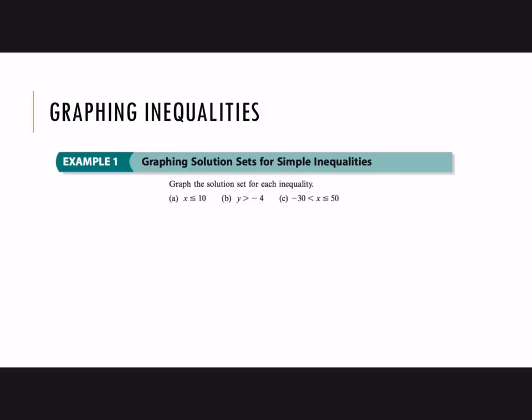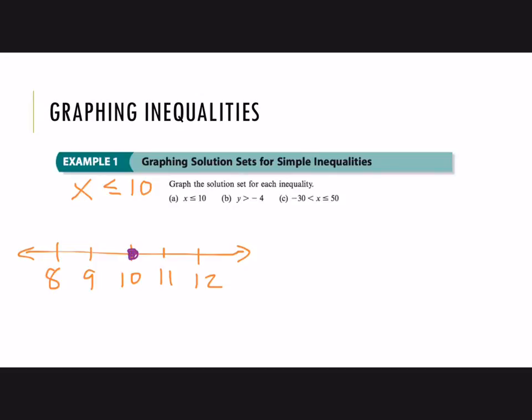Let's look at a few more graphs. So let's start with the graph of x is less than or equal to 10. I'll plot 10 and maybe a few other numbers around that. And then I want to indicate that x could be 10, so I'm going to put a closed circle on 10.